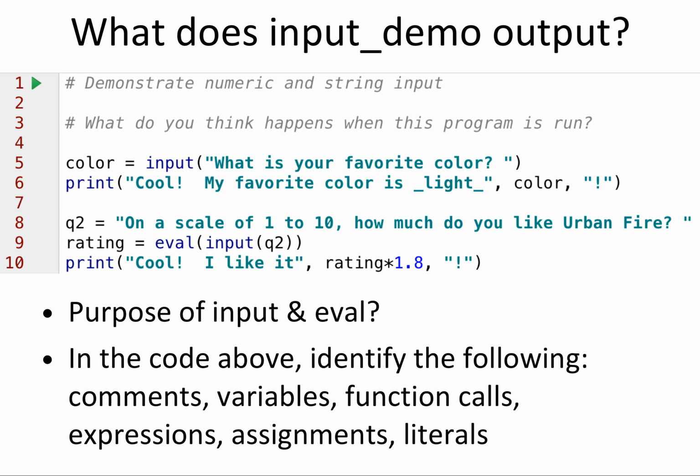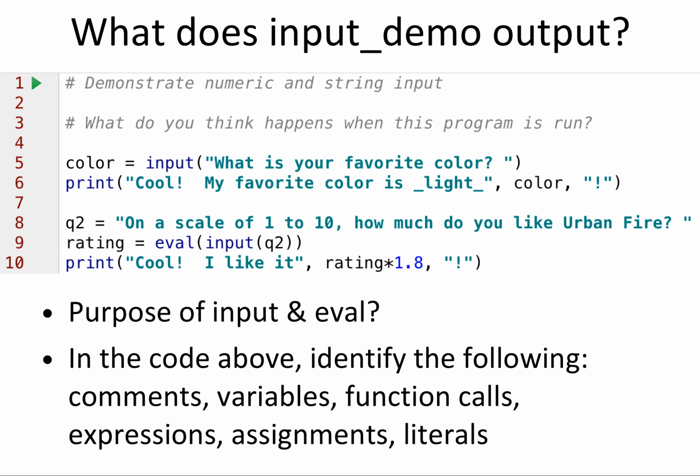Now, in the code above, we want to identify comments, variables, function calls, expressions, assignments, and literals. The comments in the code are at the top. They're these gray italic strings, preceded by the hashtag. This is how we indicate comments in code, and comments are just for the programmer. The Python interpreter ignores them.